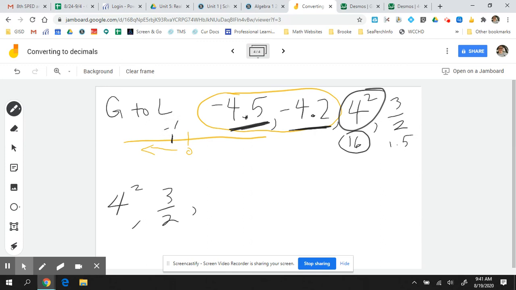It is actually a greater value. So these ones, I had -4 right here, and then -5 on my number line if it kept going. -4.2 would be closer to -4, and then -4.5 would be in the middle. So -4.2, and the smallest is -4.5.